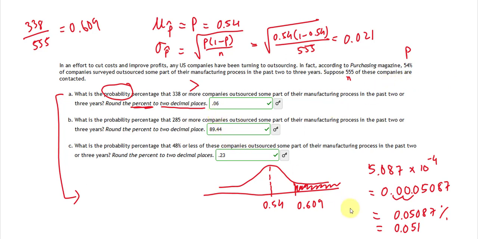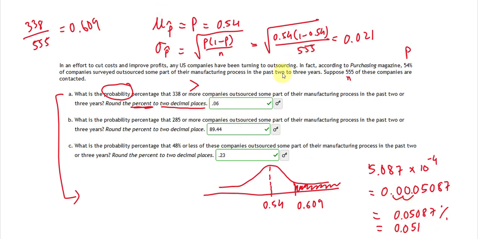Please note that the reason I did not get 0.06 like the correct answer is because I rounded some values here, and that's why at the end we have some rounding error. If you keep 5 or 6 decimal places for this standard deviation and also for this ratio, and then put that back in the TI-84, you should get a better approximation of 0.06.